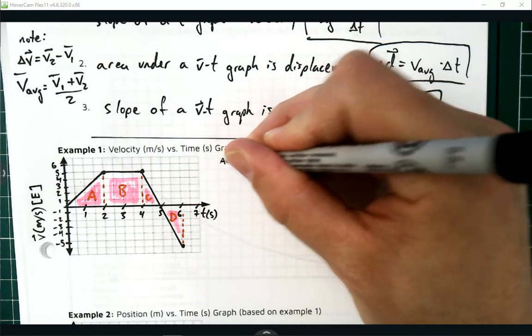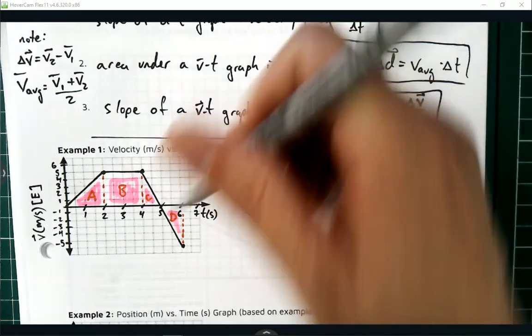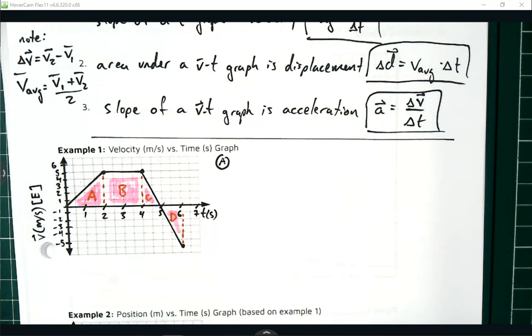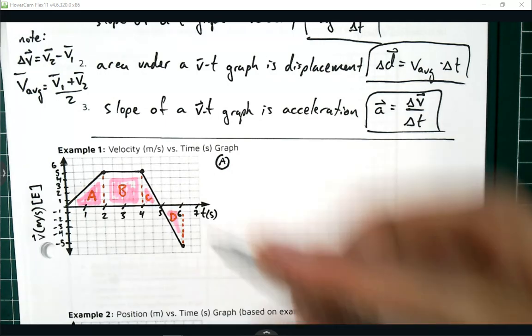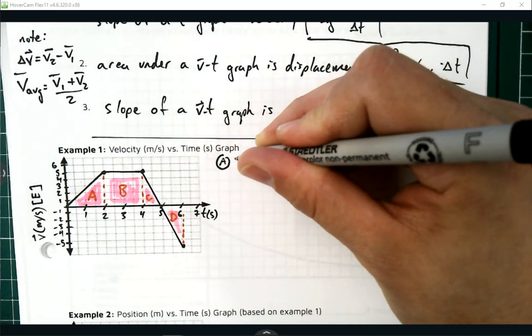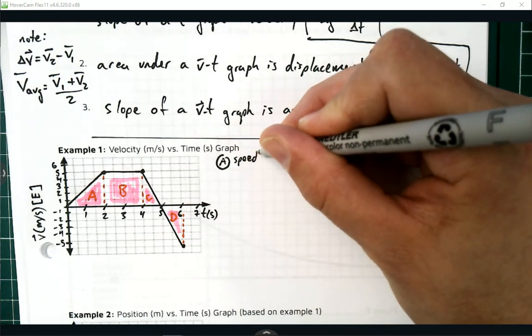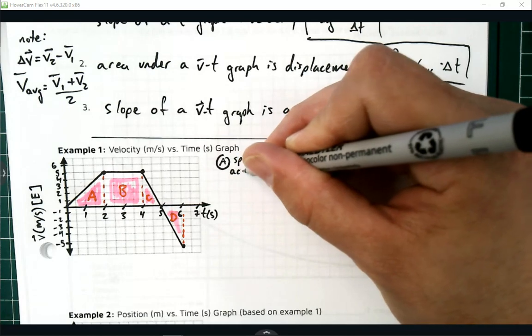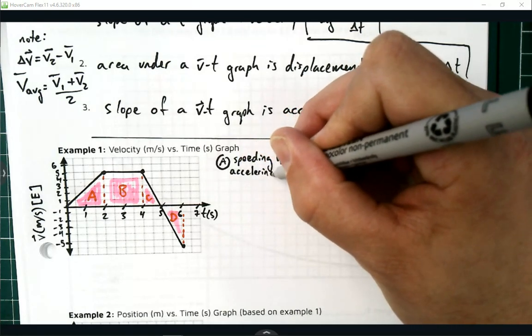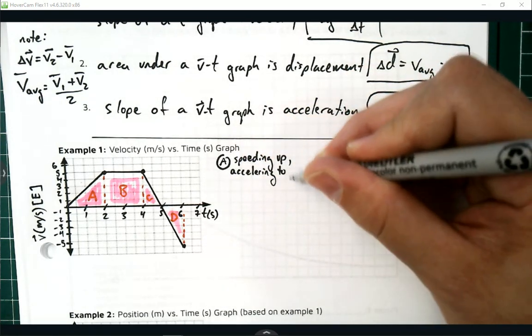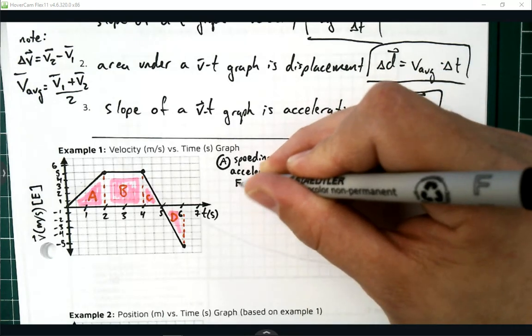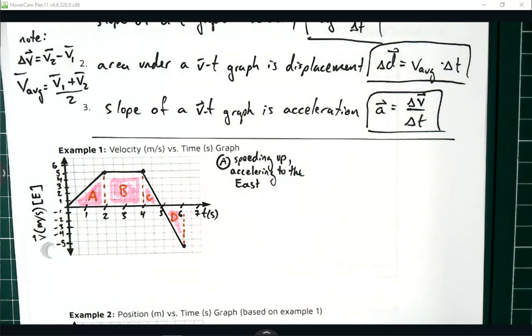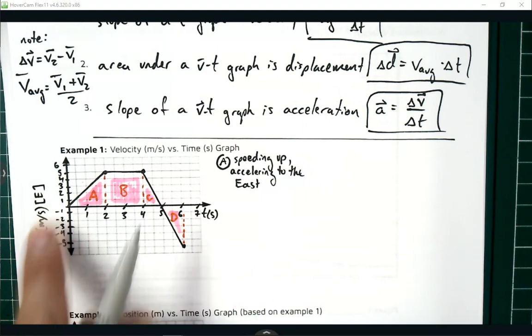So in A, what's happening to the speed? I heard somebody say accelerating. Is it speeding up or slowing down? Speeding up, okay. So let's say it both ways, speeding up, accelerating to the east, based on our direction that's on the vertical axis there.